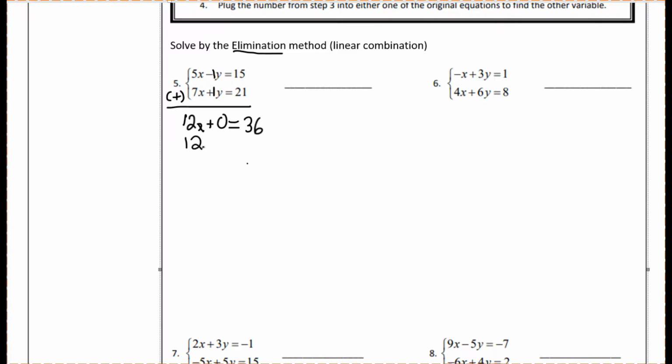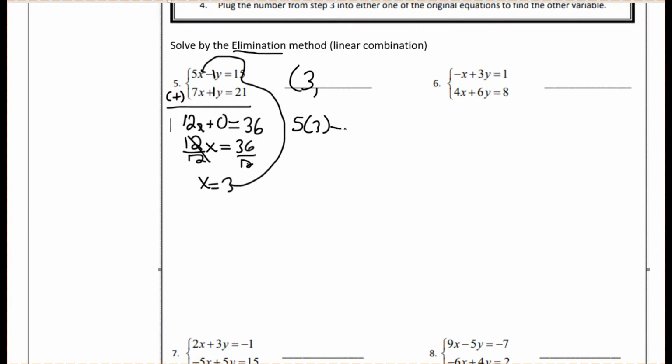So now y has been essentially eliminated, which is why we call it the elimination method. So we have 12x is equal to 36. We divide by 12 on both sides. We have x is equal to 3. Now you can plug this x into any one of the equations above. So I'm going to plug it into the top equation. So we have 5 times 3 minus y equals 15.